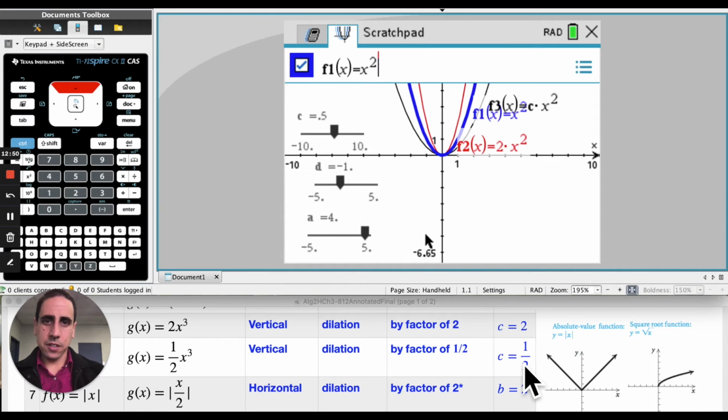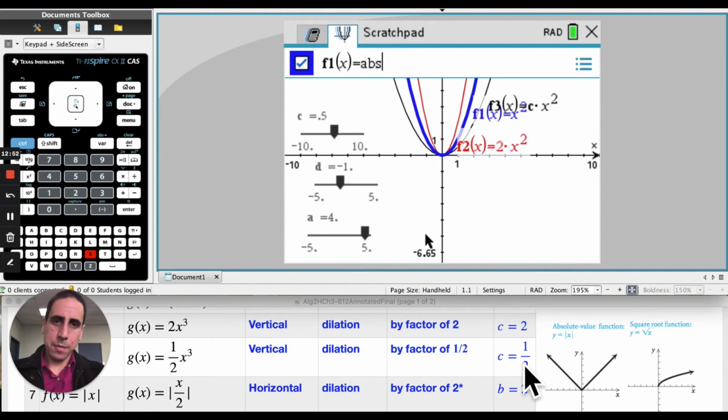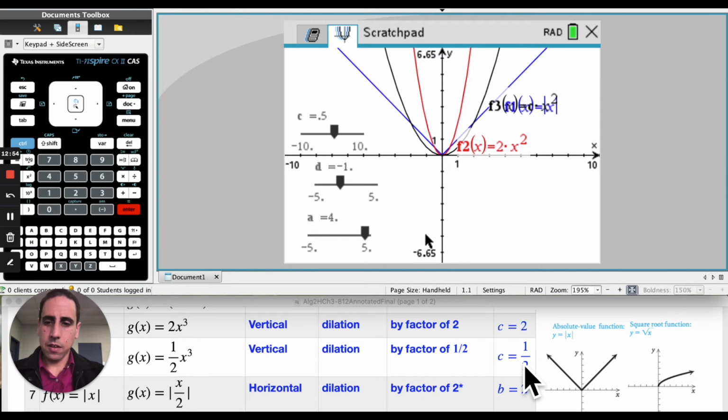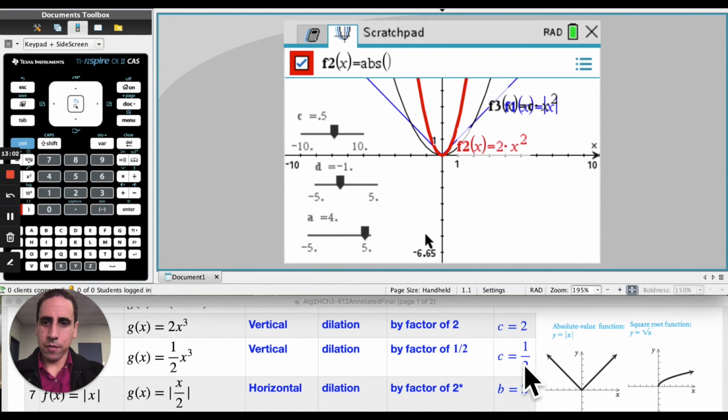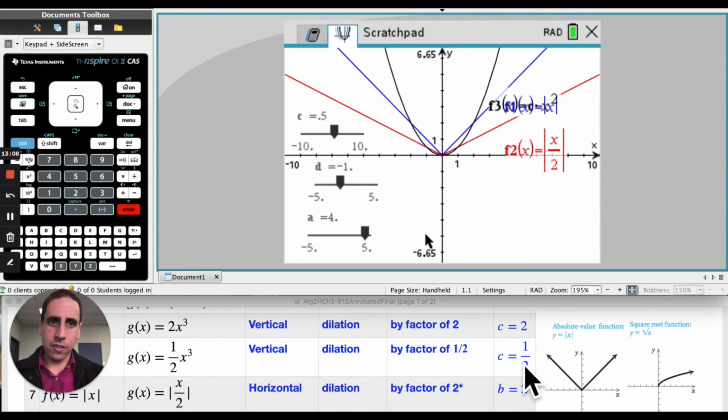Okay, so next, let's do a new line 7. The parent function is going to be absolute value of x, F2, and then I'm going to type in the absolute value of x divided by 2. ABS is absolute value, and you can see that's where they are.